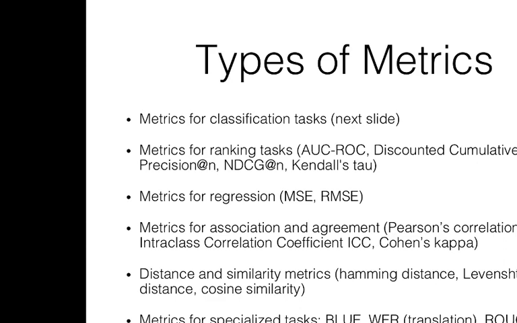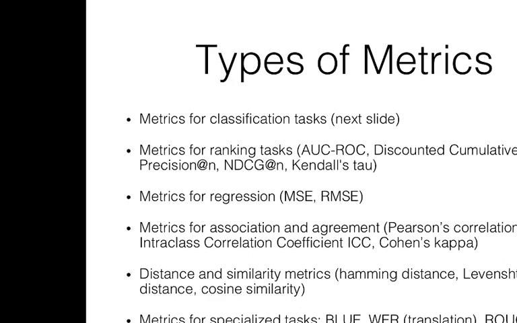So here are some metrics for classification tasks. For ranking tasks, we have AUC, ROC, area under the curve, discounted cumulative gain, precision at n, and so on. For regression, MSE, RMSE. For association and agreement, we have things like Pearson's correlation or Cohen's kappa.